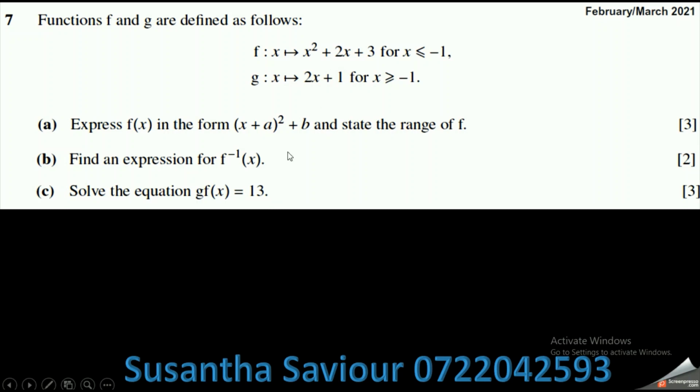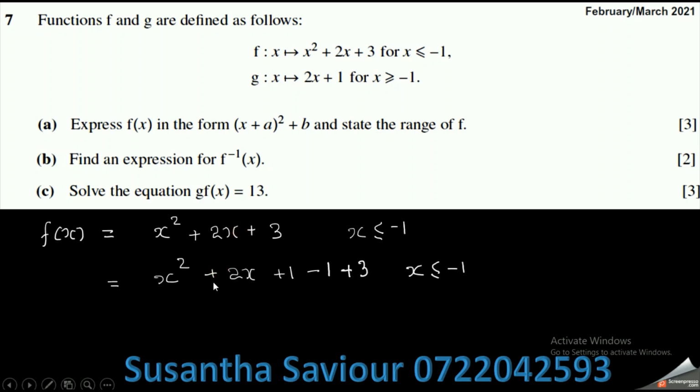We will see step by step how we do this completing the square and get this answer. Step number 1, we just wrote it here, and then we take half of the coefficient of x, that is 1, square it and then subtract. When you square it, it is 1 itself, right?